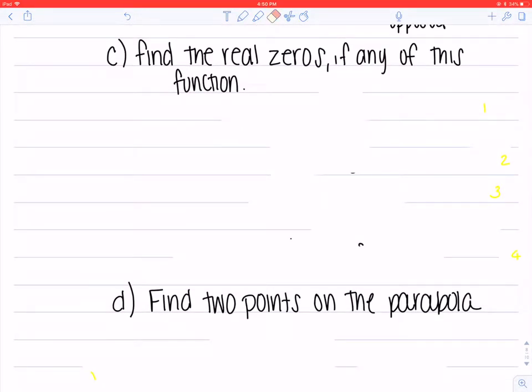Third part says, okay, now let's find how many real zeros. So if you think back, this goes all the way back to 10.2. So I'm going to take it back in standard form because I know the discriminant off of standard form is much easier to work with than vertex form. So I do my b squared minus 4ac.